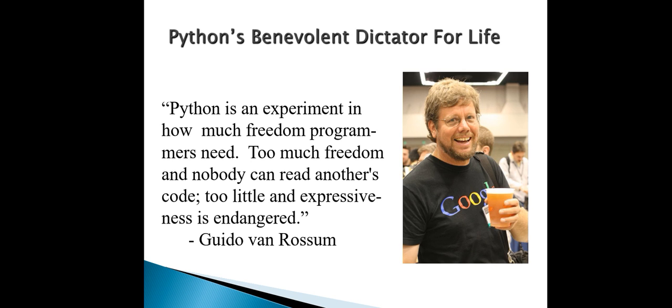This image is Guido van Rossum, the founder of Python, Python's beloved dictator for life. So, my dear friends, Python is an experiment in how much freedom programmers need. Too much freedom, and nobody can read another's code. Too little, and expressiveness is lost.